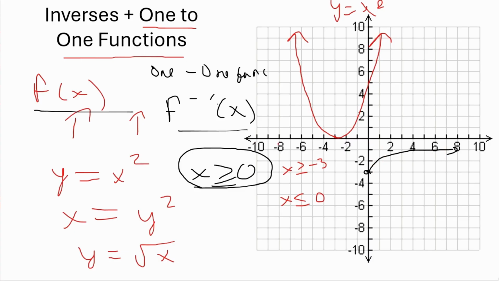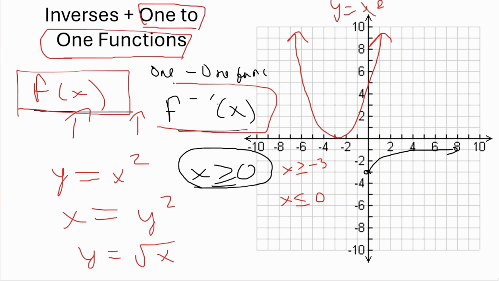So, a recap: one-to-one functions are when the normal function and its inverse are both functions. To find it, you have to do the horizontal line test on the original one. If it fails the horizontal line test, it's not a function, but we can add a restriction to it.